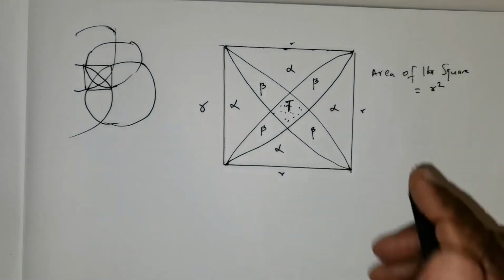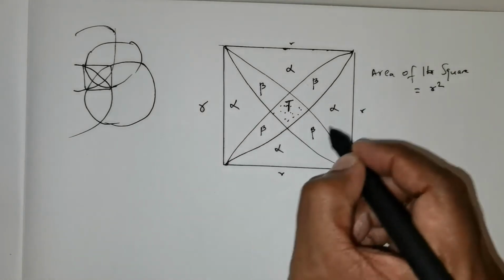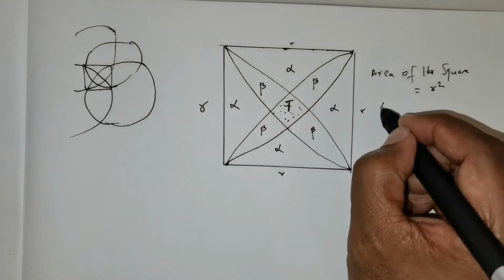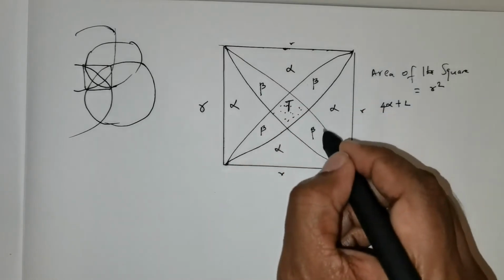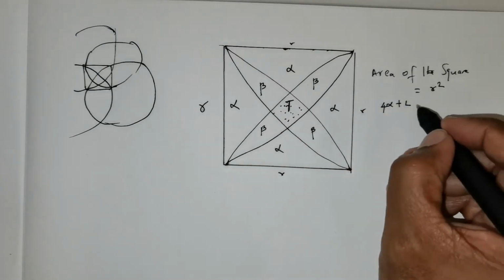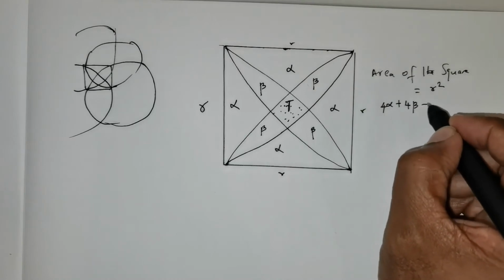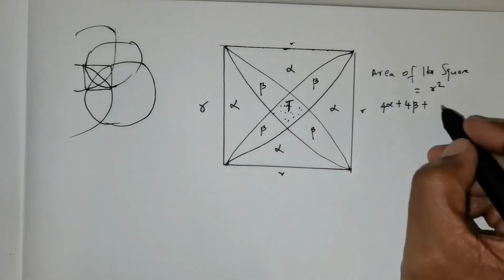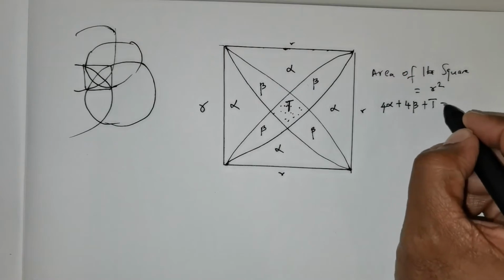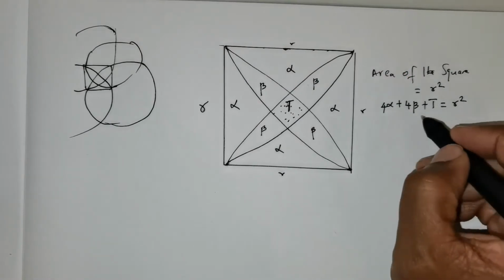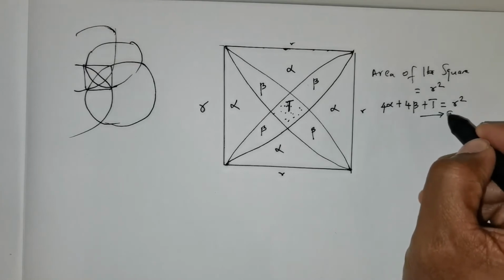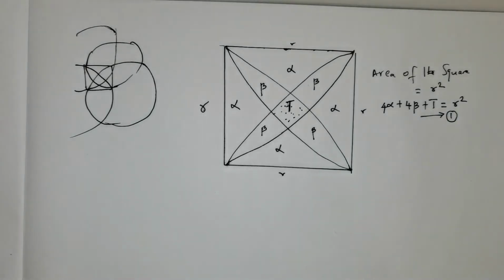Clearly, we know that 4 times alpha plus 4 times beta plus 1 time t will be equal to r squared. So let us call this equation 1.